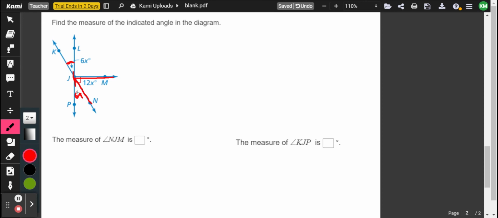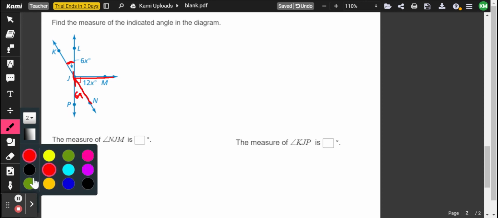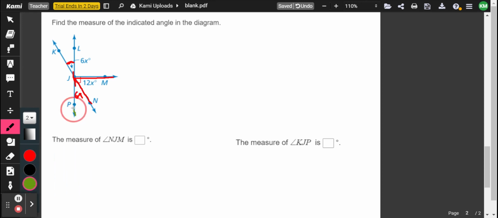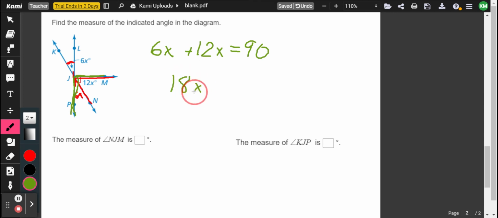So if I put 6x and 12x together, that's going to create a 90-degree angle. So 6x plus 12x is going to equal 90. Well, 6x plus 12x is 18x. So 18x equals 90. So x equals 5 because 90 divided by 18 is 5.